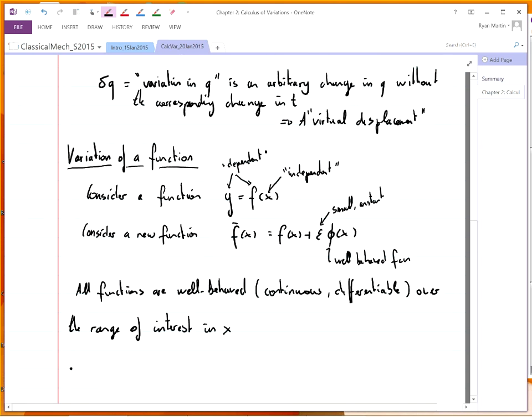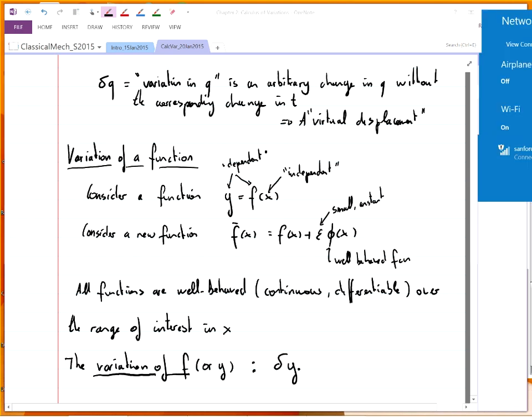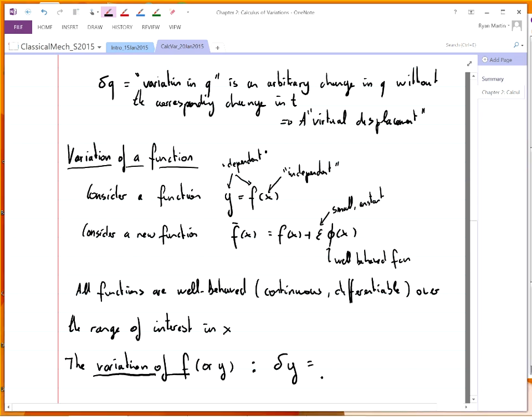Okay? So we introduce the variation of f, or y, and we'll call it delta y, and we'll define it to be f bar of x minus f of x.